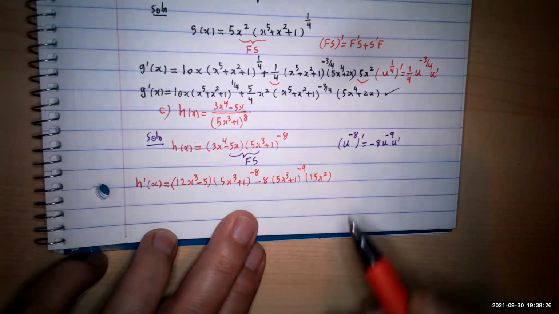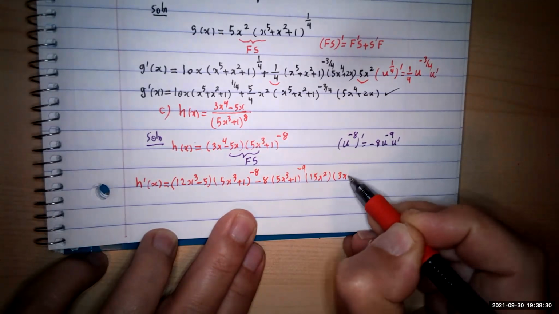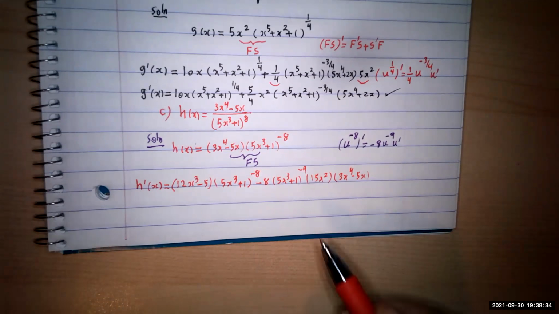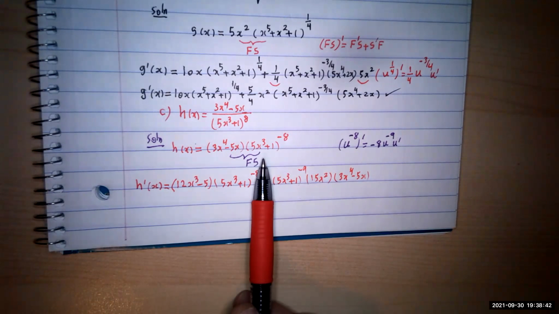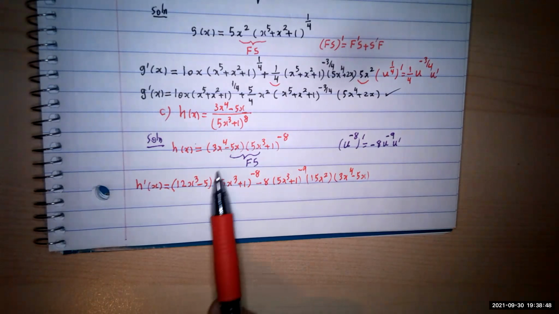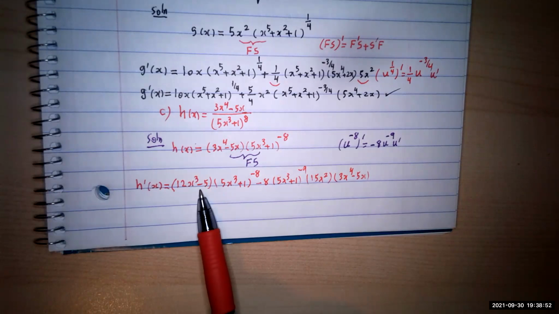But you have to multiply by the first one, which is going to be 3x to the 4th minus 5x, exactly like the previous one that we did over here. So it is going to be a product of two functions. Derivative of the first, I repeat it again: 3 times 4, 12x cubed, minus the derivative of 5x, 1 times 5, negative 5.